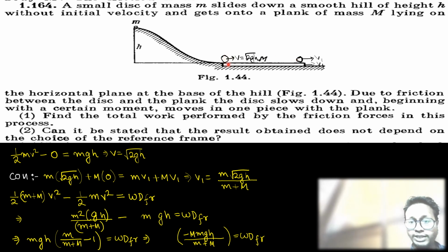But out here what is happening is, the slab itself is moving, no? So the work done by friction force on the ball would not be same in magnitude as the work done by friction force on the slab. Okay, the displacement of the ball would be far greater than the displacement of the slab. Understood the first part of the question?